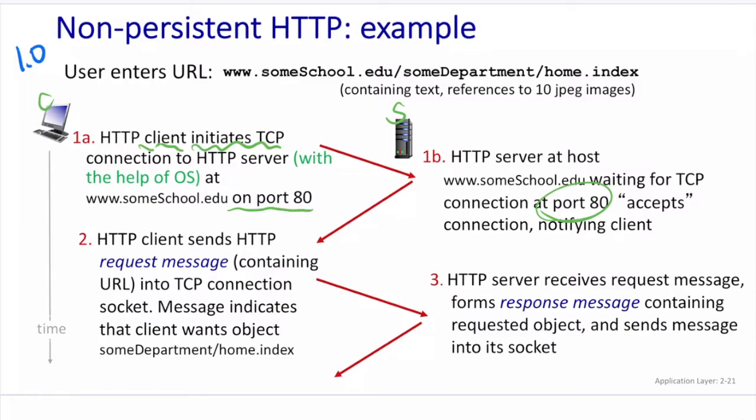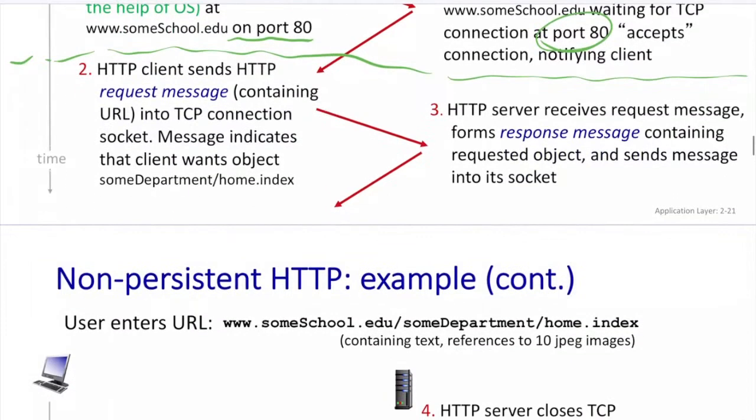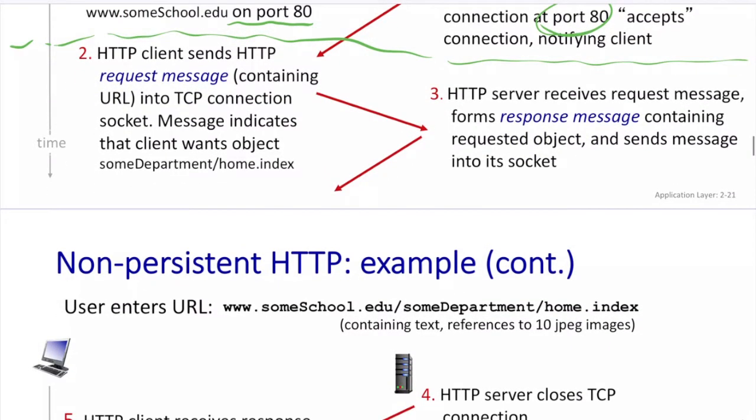After that, they set up the socket, and the socket is connected. Then for steps number 2 and 3, they start to exchange messages. The client sends a request message, and the server responds with the response message.